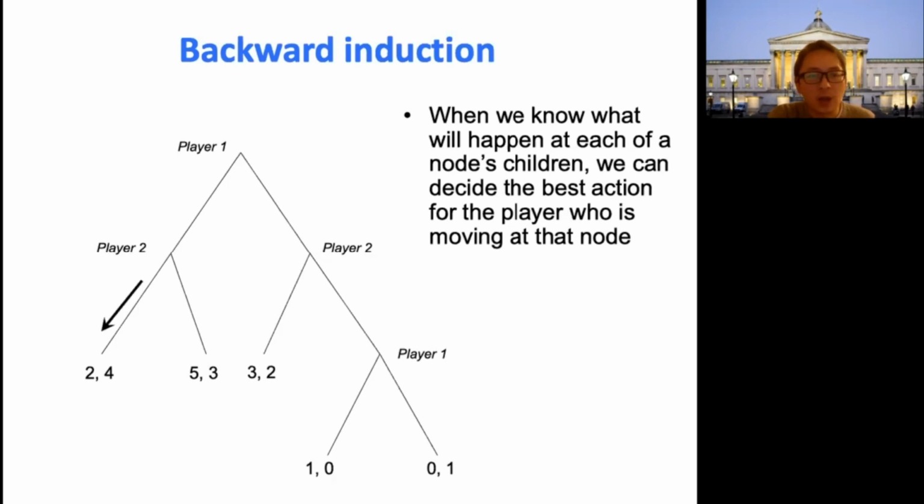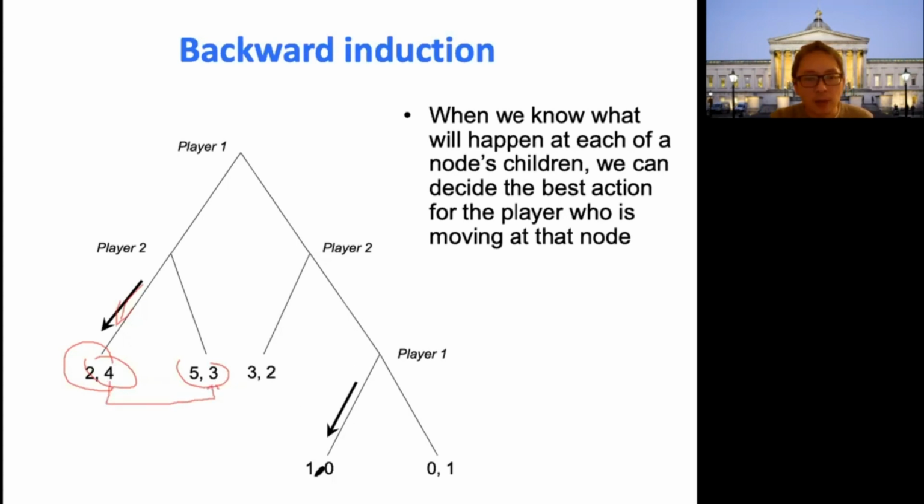To see how we can do this, let's start with the tree's root. Looking at these two cases, you can find that I would always choose this, because from player two's perspective, the 4 is higher than 3.